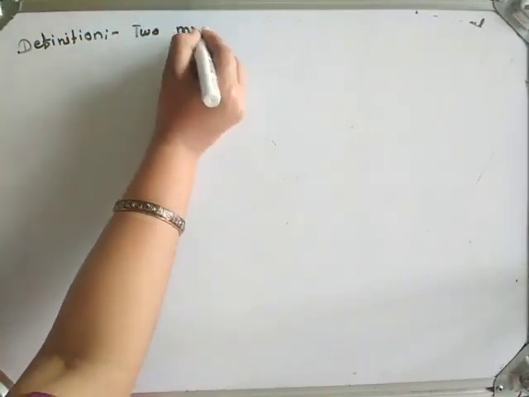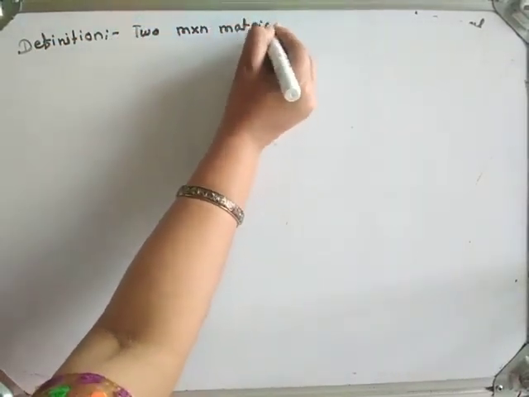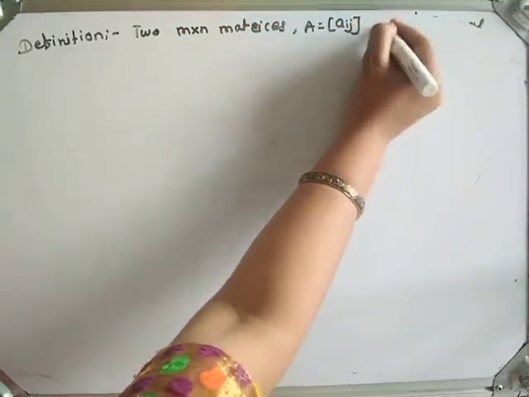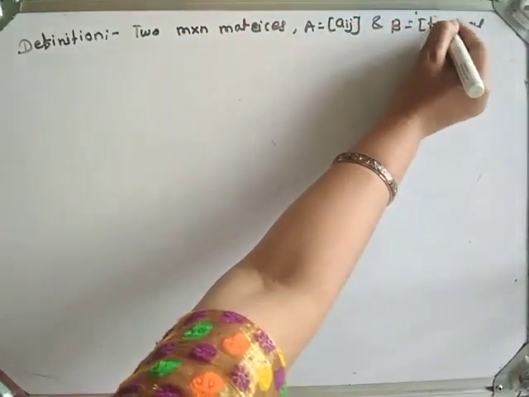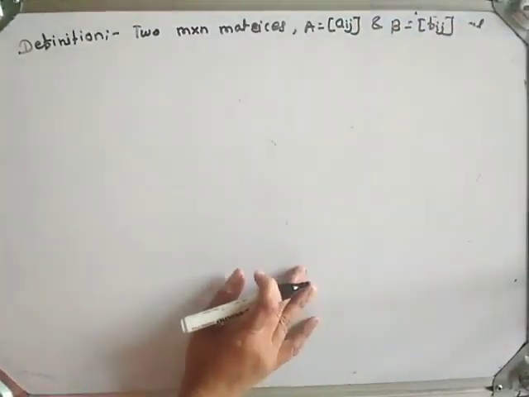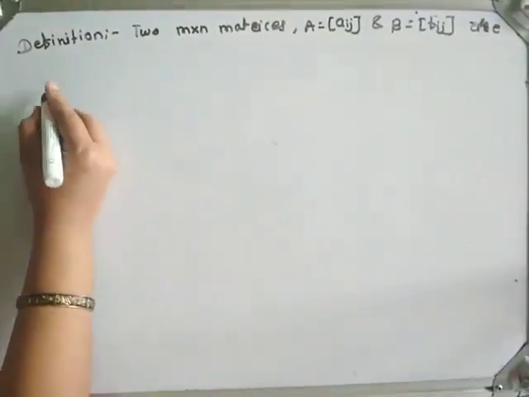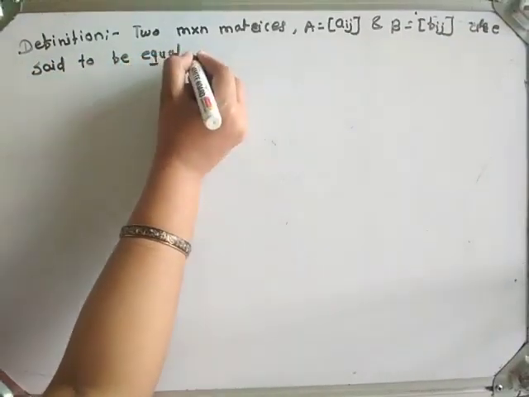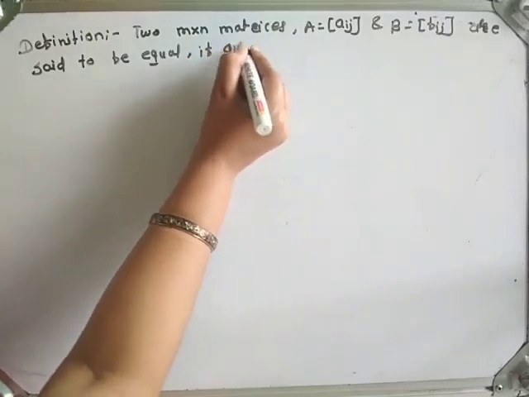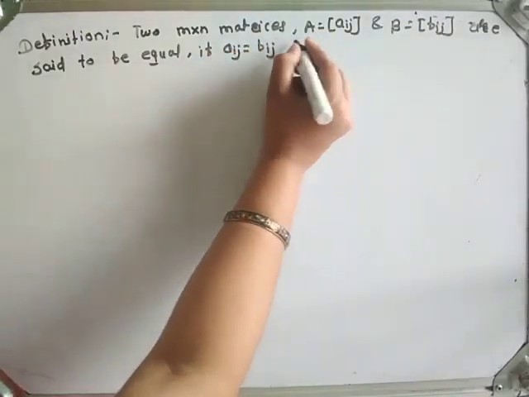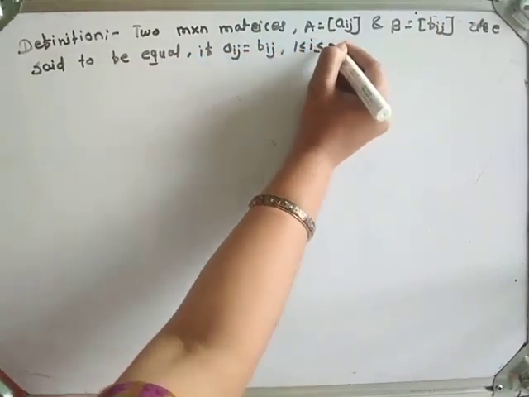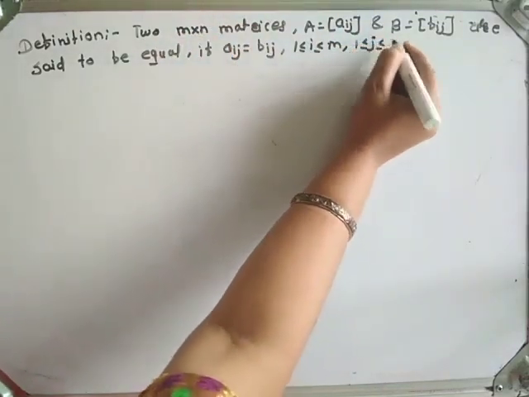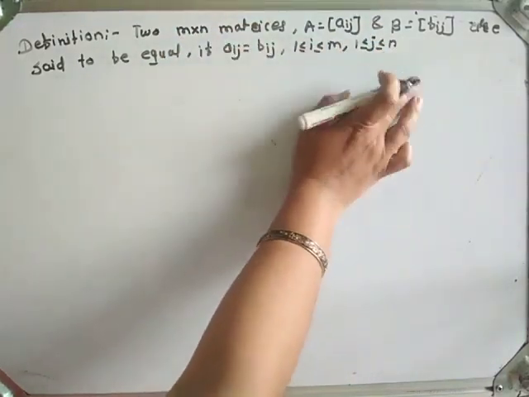Two m by n matrices A equal to the matrix Aij and B equal to the matrix Bij are said to be equal if Aij is equal to Bij, 1 less than or equal to i less than or equal to m, since the number of rows is m, and 1 less than or equal to j less than or equal to n, since the number of columns is n.